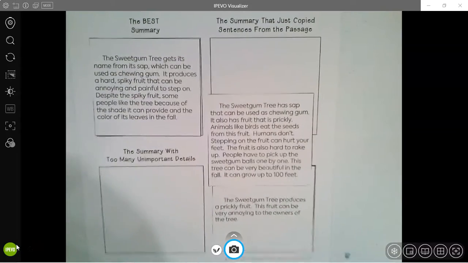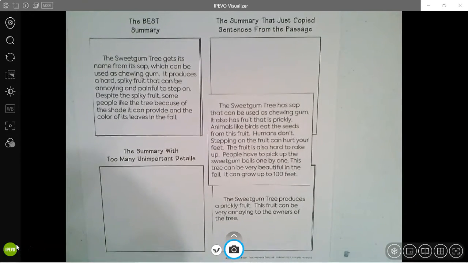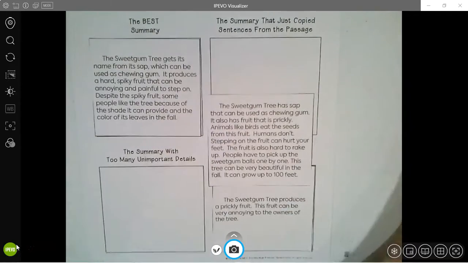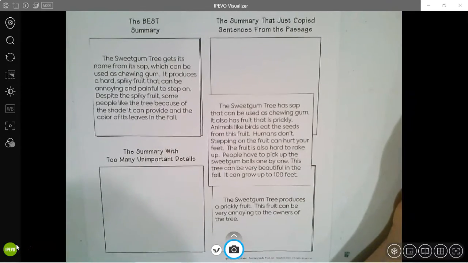The sweet gum tree has sap that can be used as chewing gum.